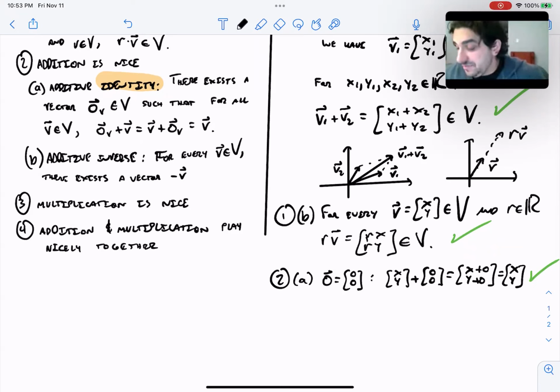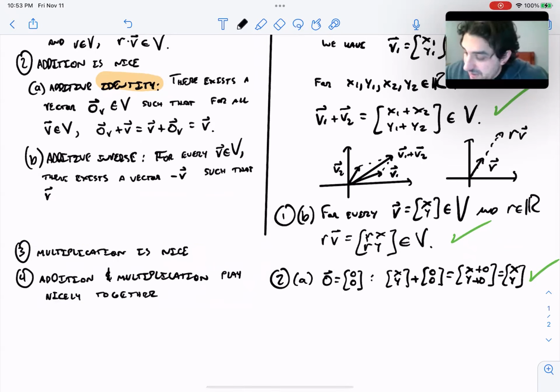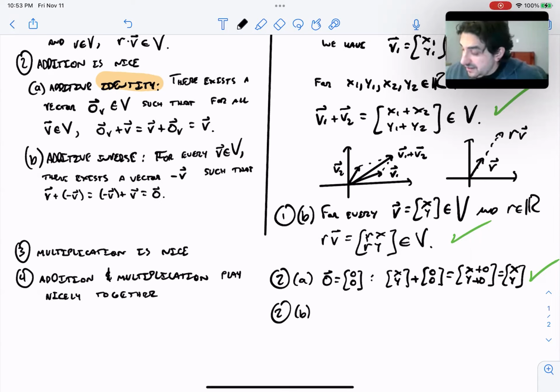This is a vector that has what property? You want this vector to have the property that if you add this vector to v, again, either on the left or the right, it brings you back to the 0 vector. This is the additive inverse. And this vector space, the plane, definitely satisfies additive inverse because any vector xy has additive inverse, what?